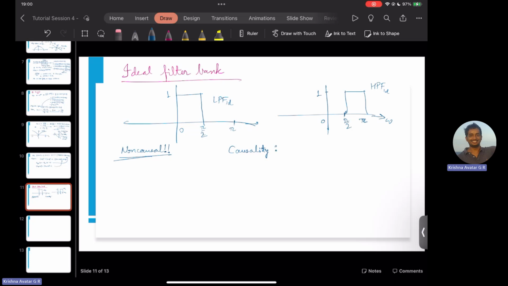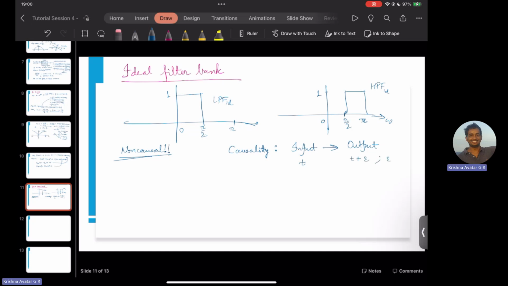So causality implies that input leads to output. This implies that the input must be given before you can have output.